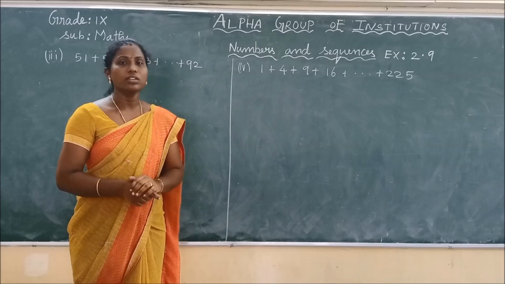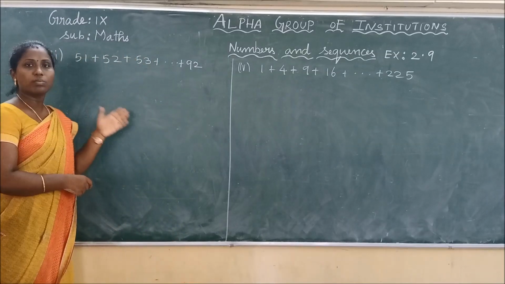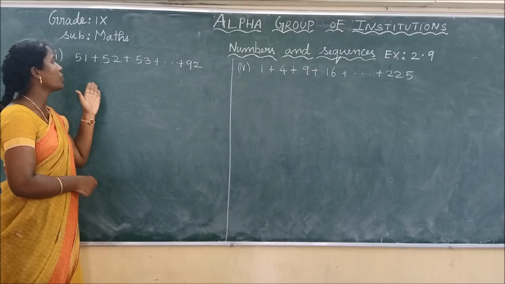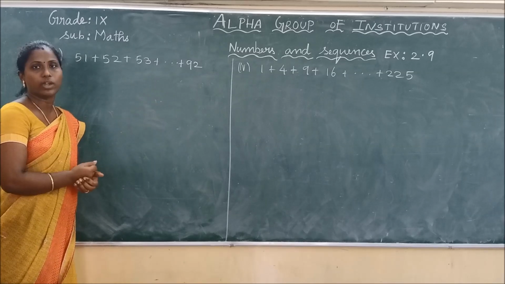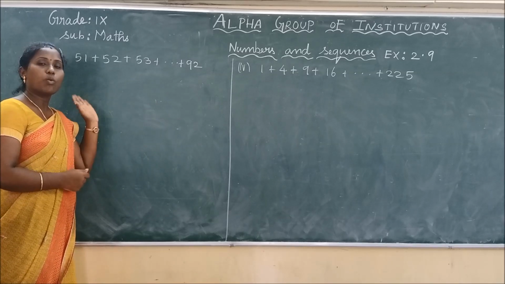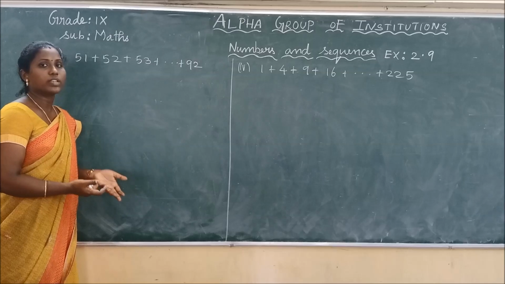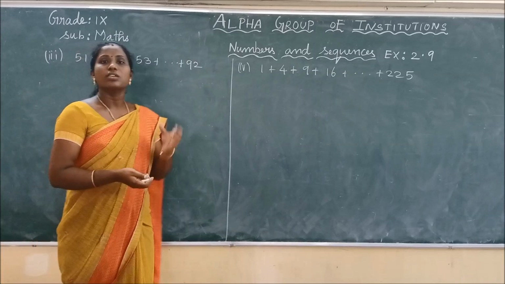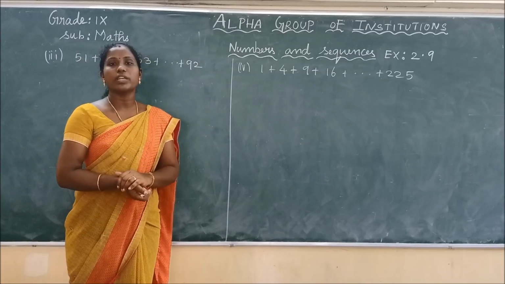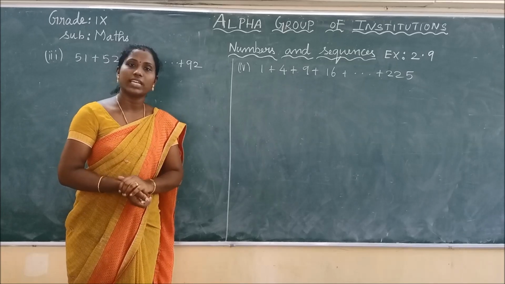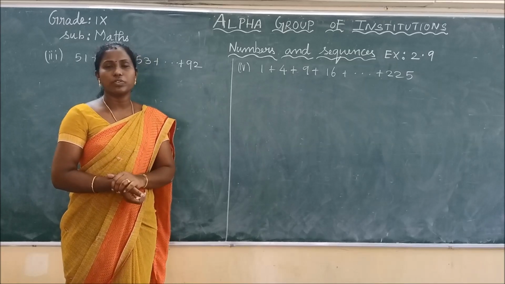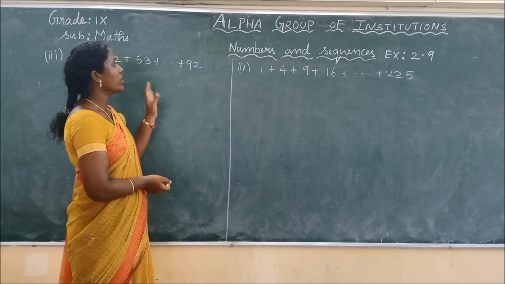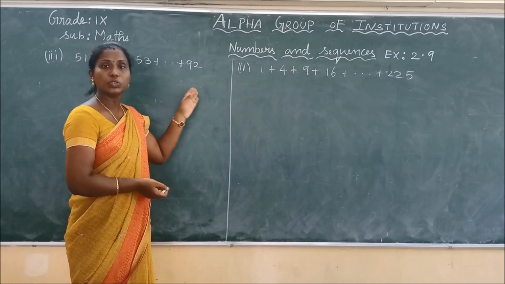But in this question, we are having natural numbers, but they start from 51, 52, continuously. Before 51, 1 to 50 is not there. So directly we can't use the summation formula here. The formula n into n plus 1 by 2 cannot be used here directly. So what is the way to use the formula here? We are having the series from 51 to 92.